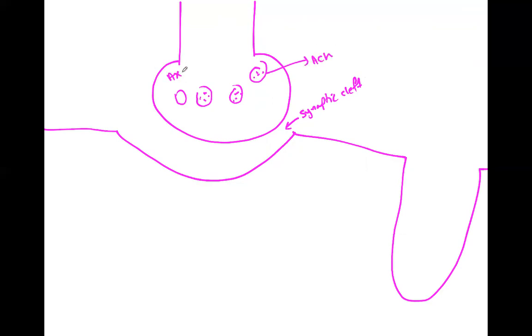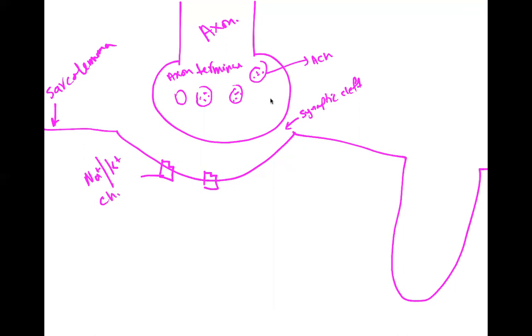This space is my axon terminal. This is my axon. This membrane here is my sarcolemma, which is my plasma membrane. Right on this side, I will have what type of channels, if you guys recall? These are sodium-potassium channels, right? That are sensitive to my ligand ACH.